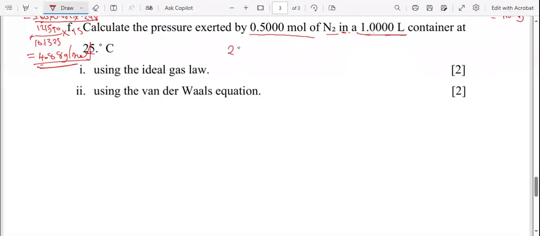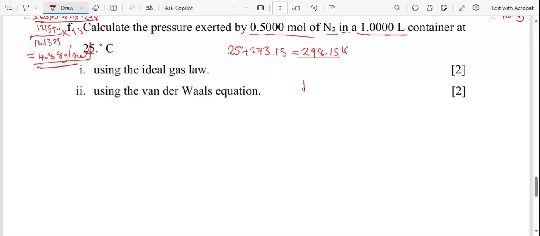So 25 degrees plus 273.15, we add that to get Kelvin. That would be 298.15 Kelvin. So that is the temperature that we use.